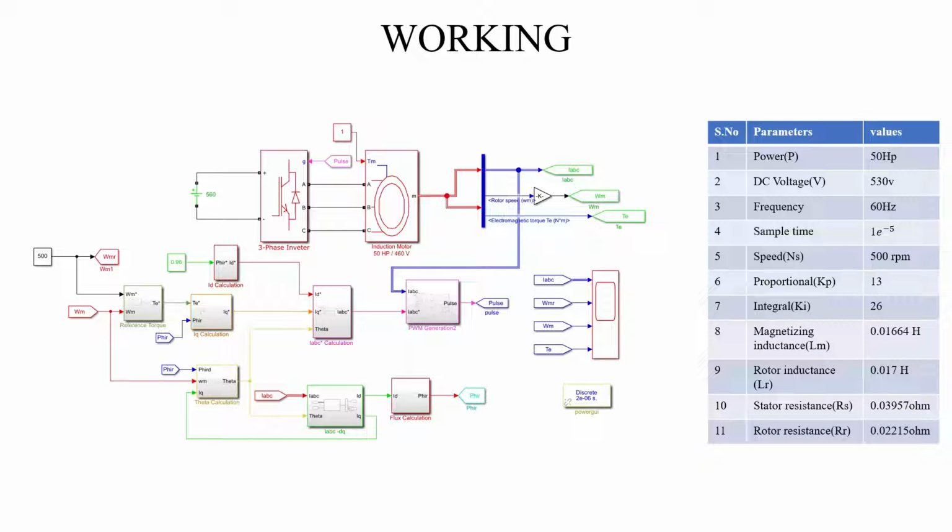The reference speed is assumed as 500 rpm, and the reference speed and the actual motor speed are compared to obtain the torque, such as the TE value, and ID is calculated by using the reference flux as 0.96 and IQ is calculated by using the torque and flux values. The rotor position theta is calculated for ABC to DQ conversion, such as the Clarke conversion.